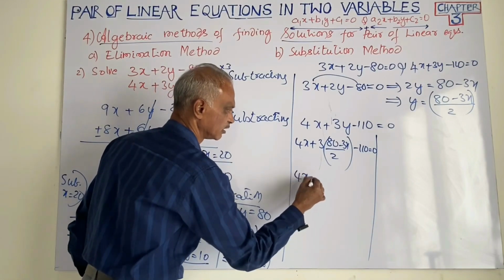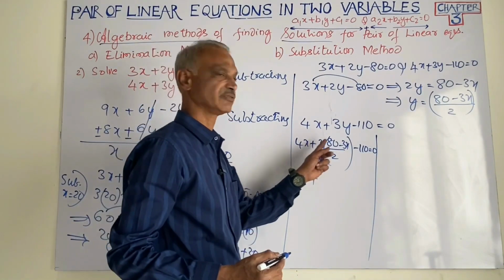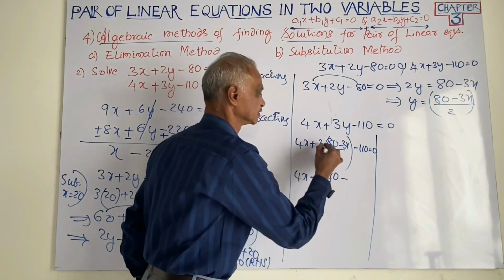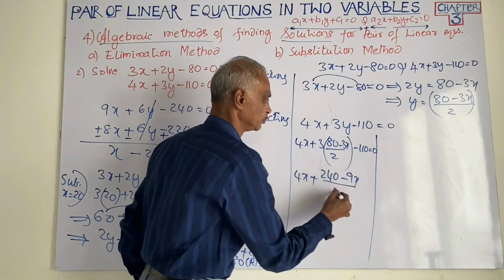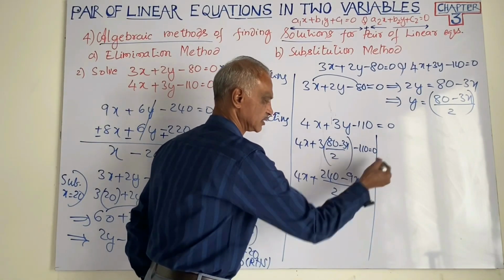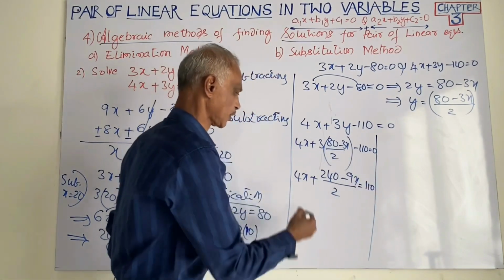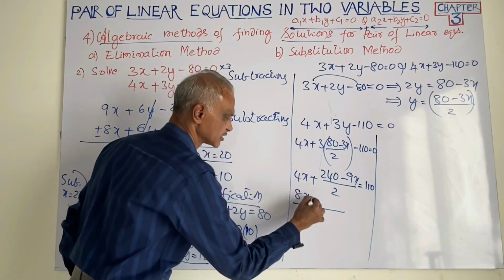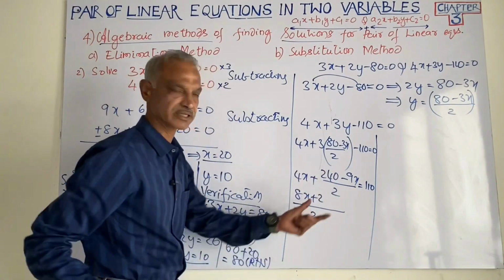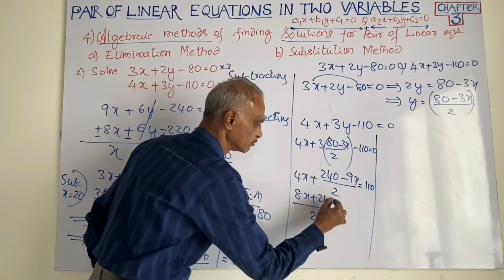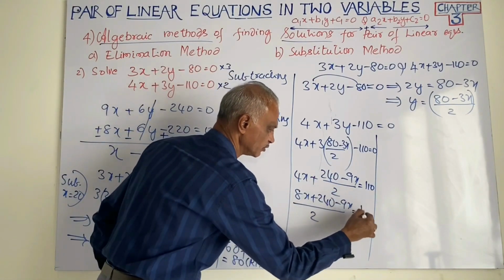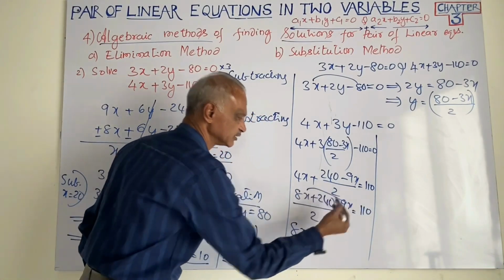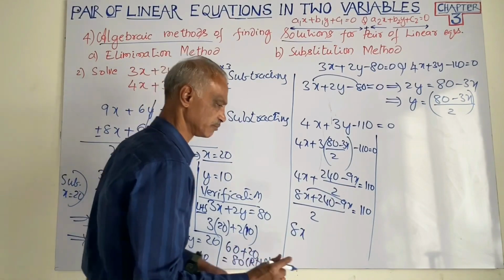4x plus, I am multiplying this with 3 into 80, 240 minus 9x by 2, minus 110 is equal to 0. You take LCM, 2 fours are 8x plus 240 minus 9x is equal to 220.